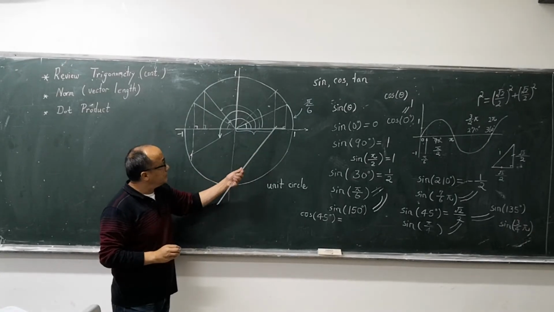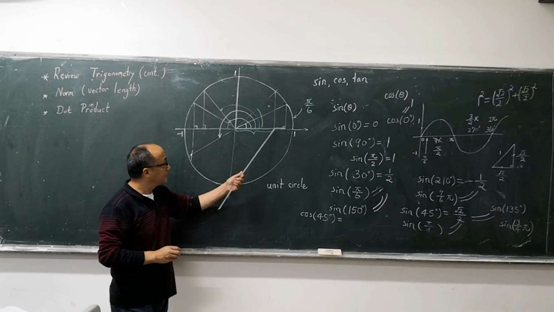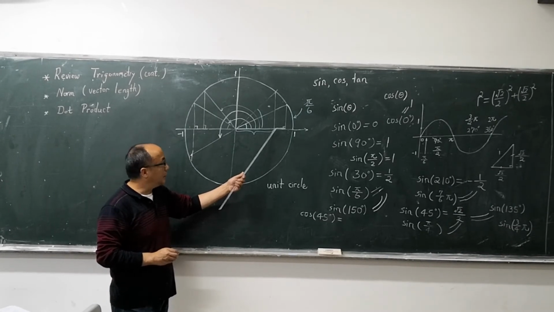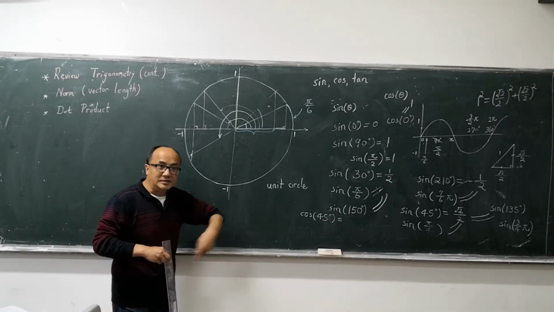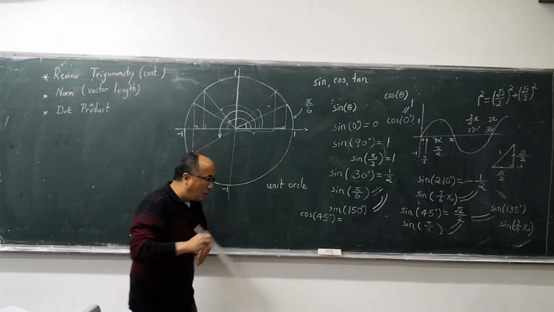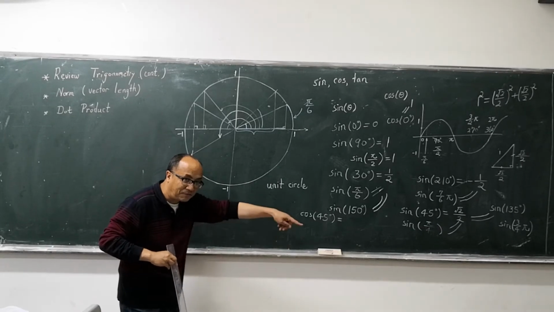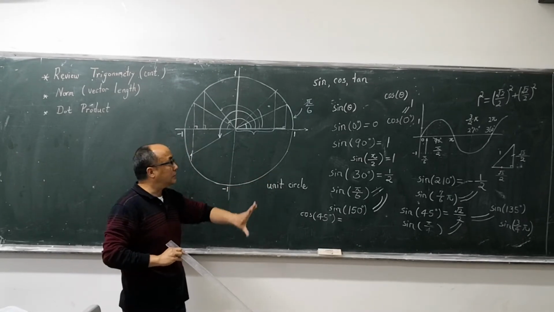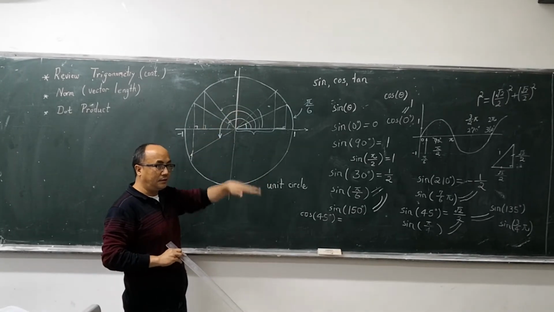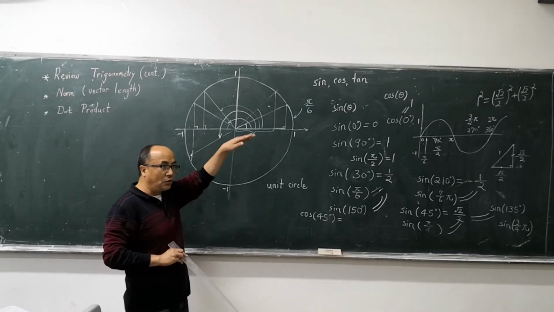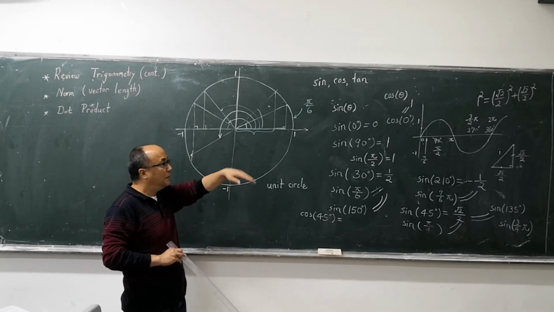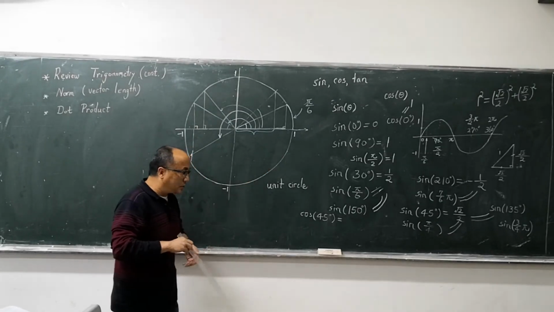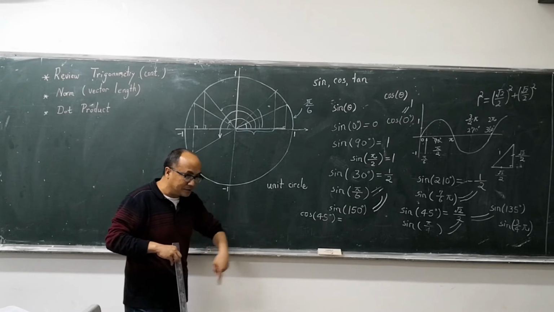You make a dot to the floor. For the cosine, we are always talking about the distance on the floor. For the sine, we are talking about the movie screen height inside the dome.